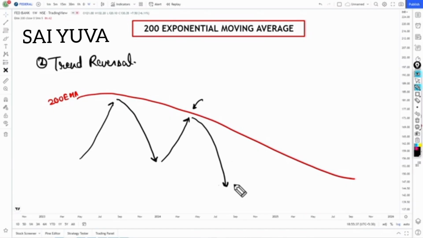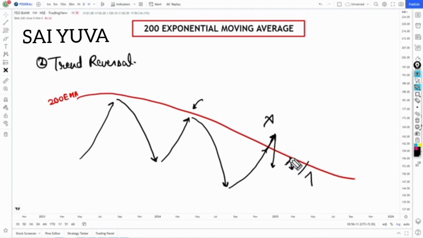Now, if the 200 moving average is declining, then we can assume that the price is trading below the moving average, and that is completely fine. Whenever the price is trading below, the moving average will act as a resistance and the price will try to come down. So how will we identify when the trend reversal will happen?